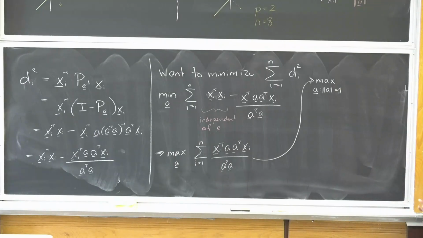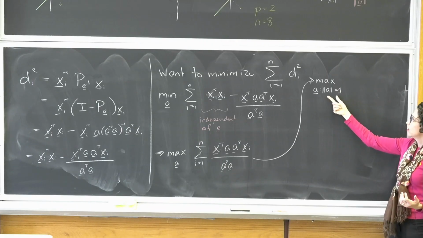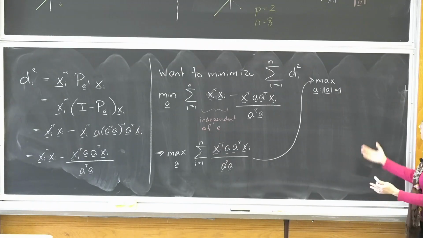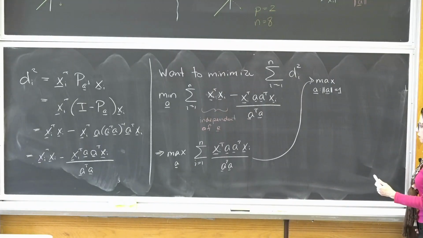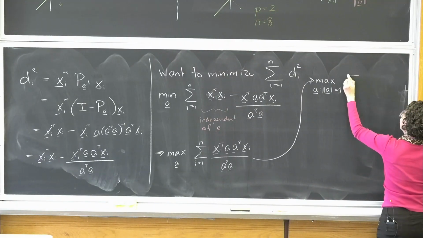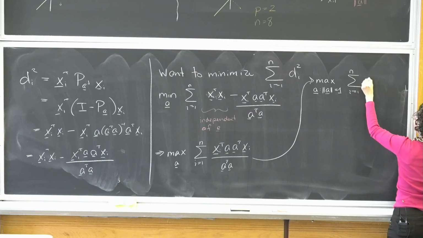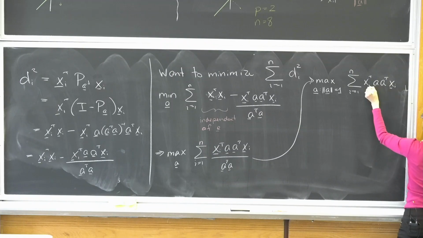Right? We want orthonormal bases. We want basis vectors that have norm 1. So we're just going to constrain our search for the best 1D subspace by looking at vectors that have unit length. And if they've got unit length, then that means A transpose A is equal to 1, so we don't have to worry about the denominator anymore. So now we just have the sum from i equals 1 to n of xi transpose A transpose xi.